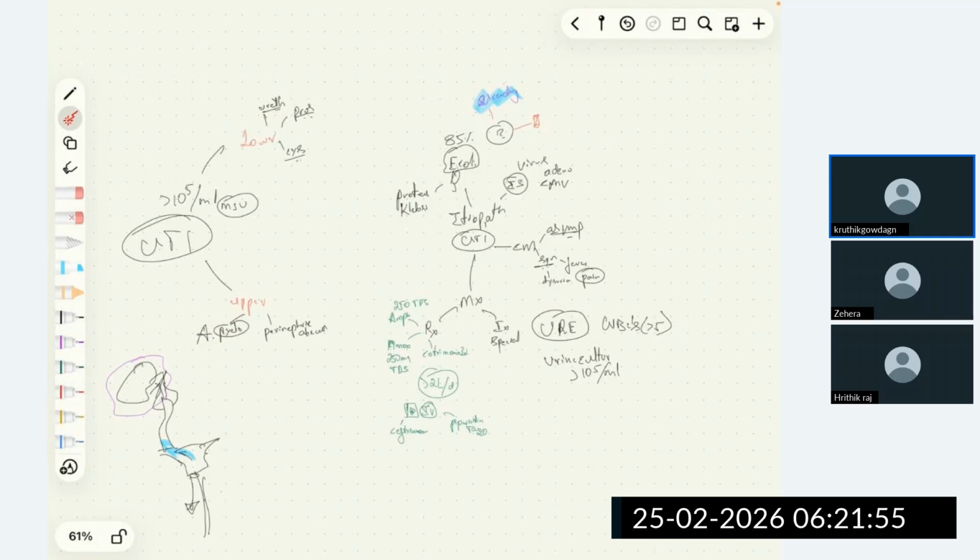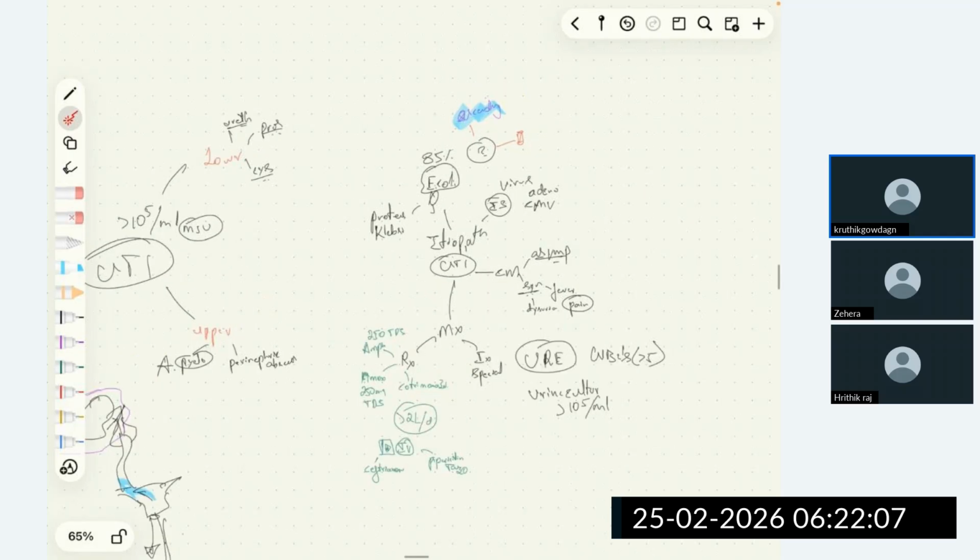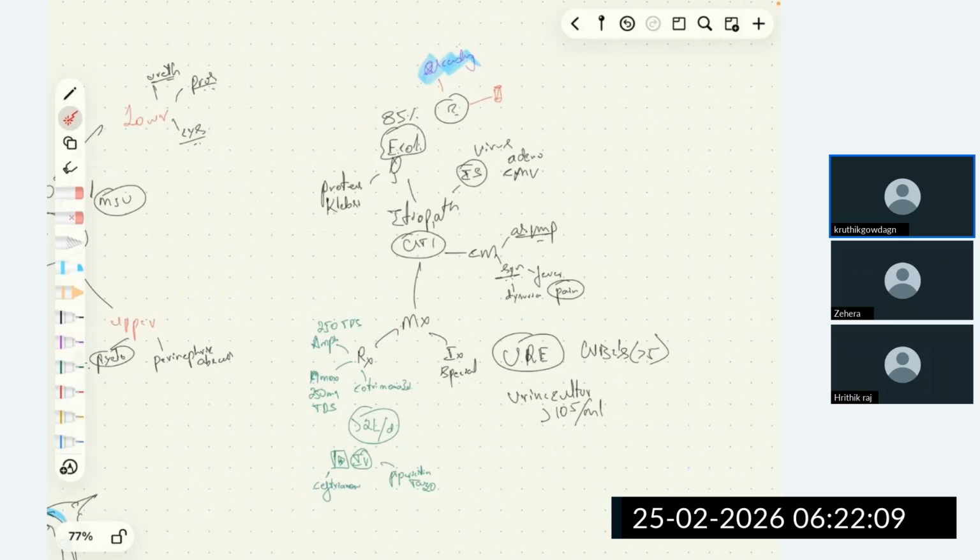Urinary biomarkers like N-acetyl beta-D glucosaminidase and KIM-1 can be used as early indicators of renal injury. If you want, you can remember this point. So this is about the investigations seen in UTI.